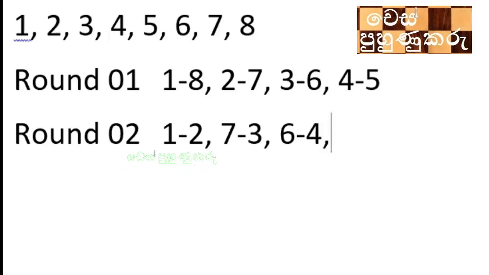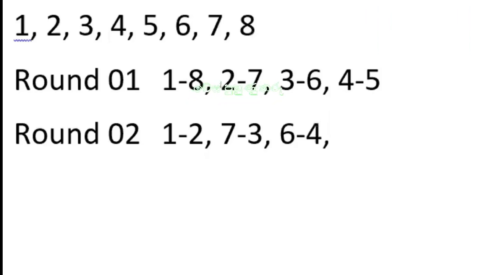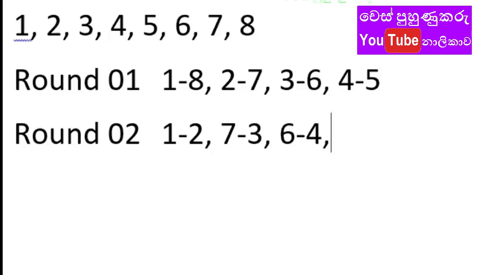Now, I told you number 8 is different. What happens? The last number, number 8 here, what happens is in the odd rounds, that means round 1, 3, 5, all that, in order, the last number plays first with number 1, then in the third round he plays with the second number, fifth round he plays with number 3, like that he plays with the top half of numbers, with the last number being black and the other player being white.